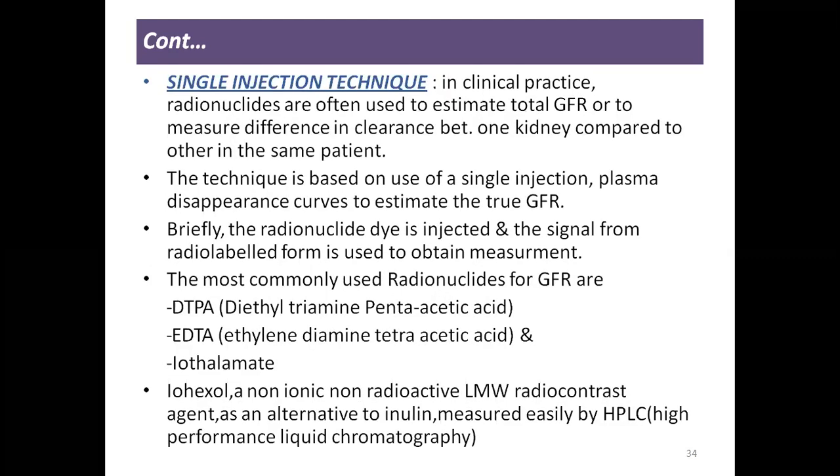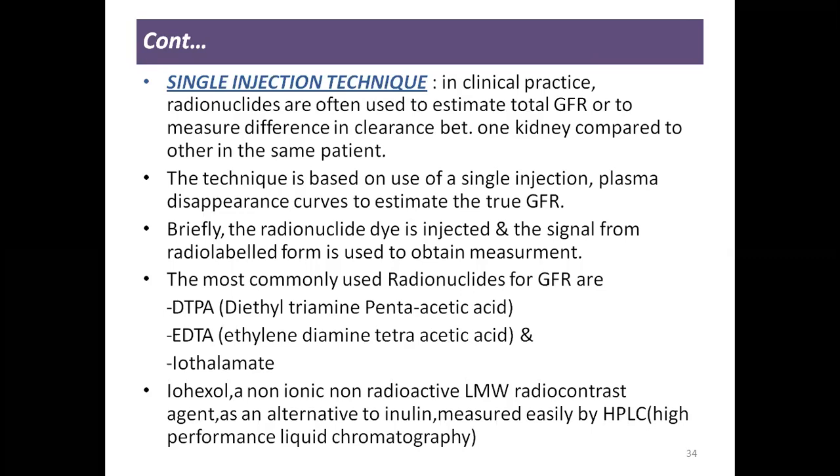Another technique for measuring the glomerular filtration rate in clinical practice is the single injection technique, where radionuclides are often used to estimate total glomerular filtration rate or to measure the difference in the clearance of one kidney compared to the other in the same patient. And how do we do this? It is based on the use of a single injection plasma disappearance curve to estimate the GFR.